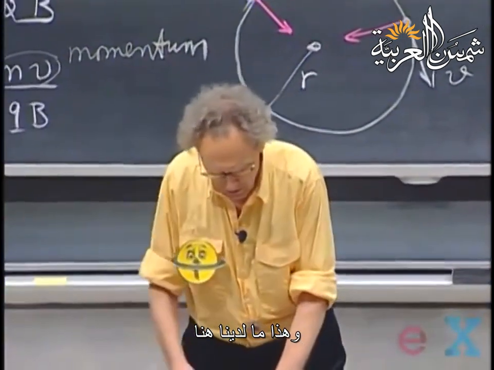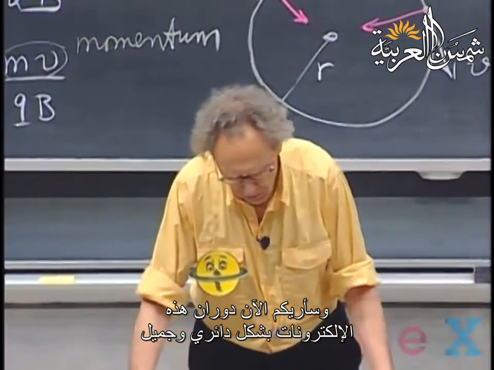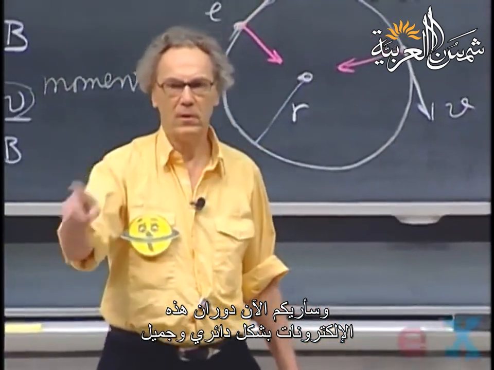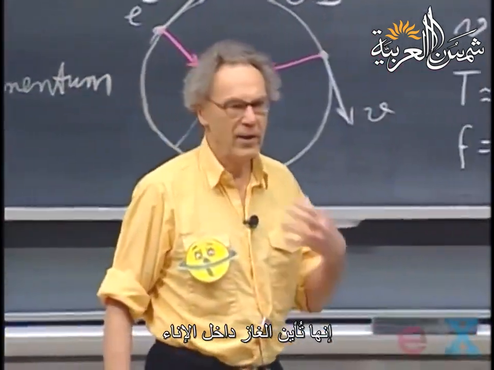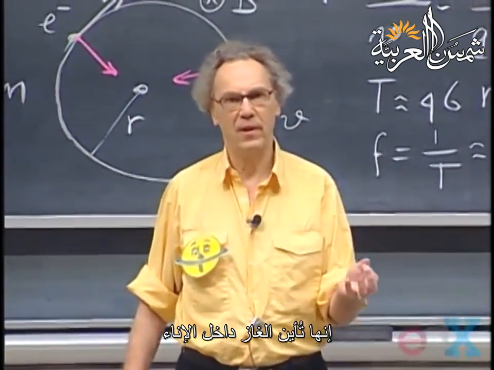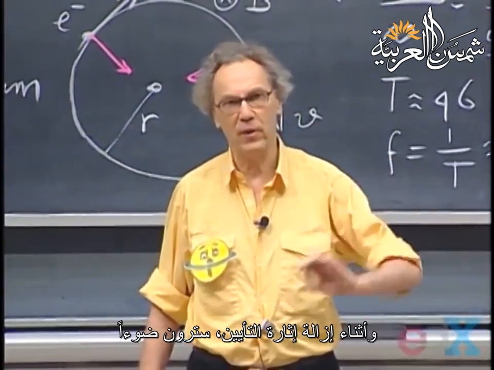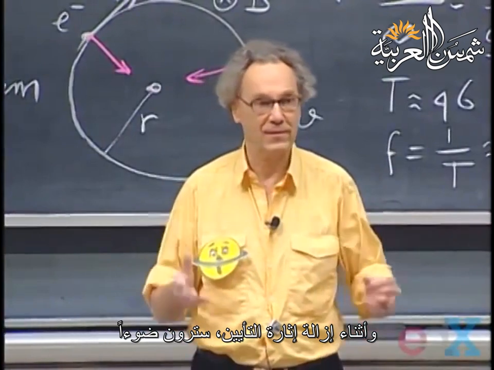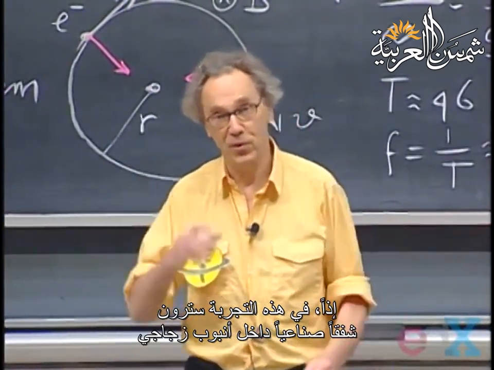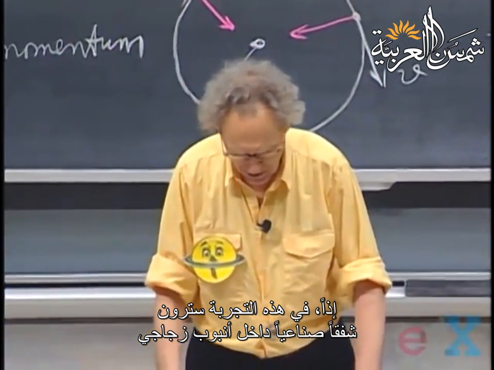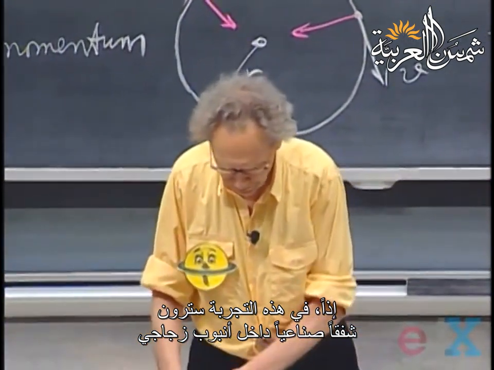And so that's what we have here, and I'm going to show you now how beautifully these electrons go around in circles. They ionize the gas inside, and then through de-excitation of the ionization, you will see light. Just the same idea that you see from aurora. So in that sense, you're seeing an artificial aurora inside a glass tube.